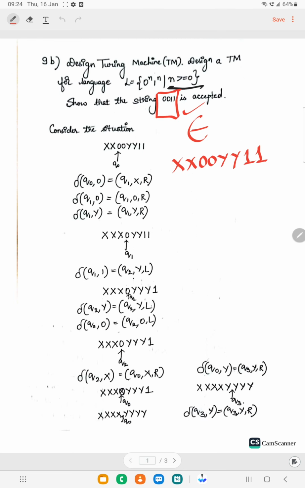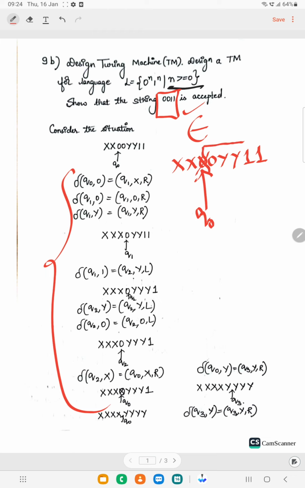So initially we have to write the transition, that is the main thing. If we write the transition, we will get the transition diagram also. So first initially, q naught, we'll check for 0. Here we have to monitor for equal number of zeros and equal number of ones, correct? If 0 is found, I'll replace it by x because it is already scanned, and for this 0 I have to check for its corresponding 1.